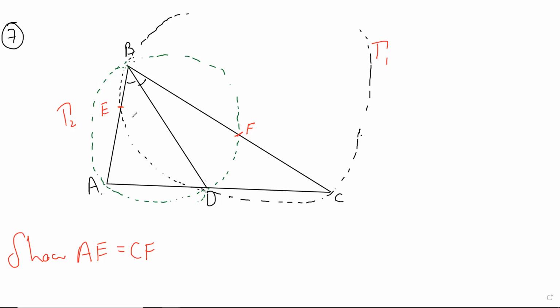Okay. Right, so BD is the common chord, and this is the center of gamma 2, and this is the center of gamma 1, and then it's perpendicular, which it is not in this picture, but okay. But then why is BE equal to BF?